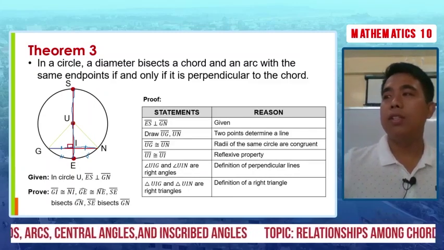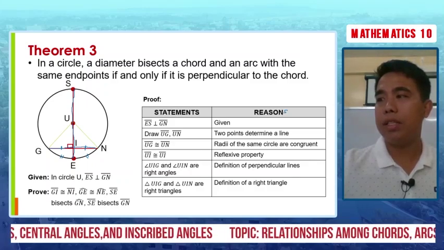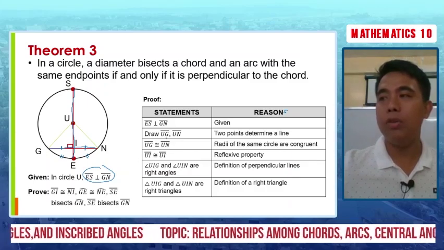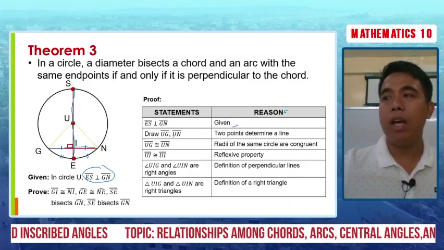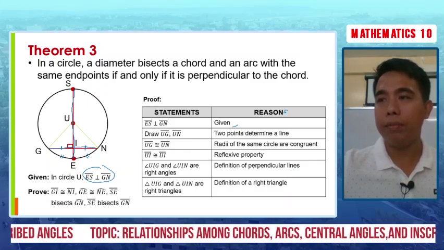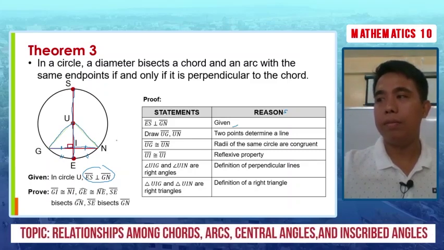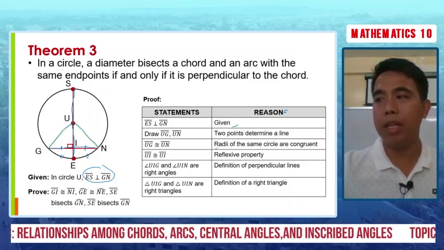proof. So statements, reasons. So ang given natin, ES perpendicular to GN. Given. After that, we draw UG and then UN. Reason, 2 points determine a line.